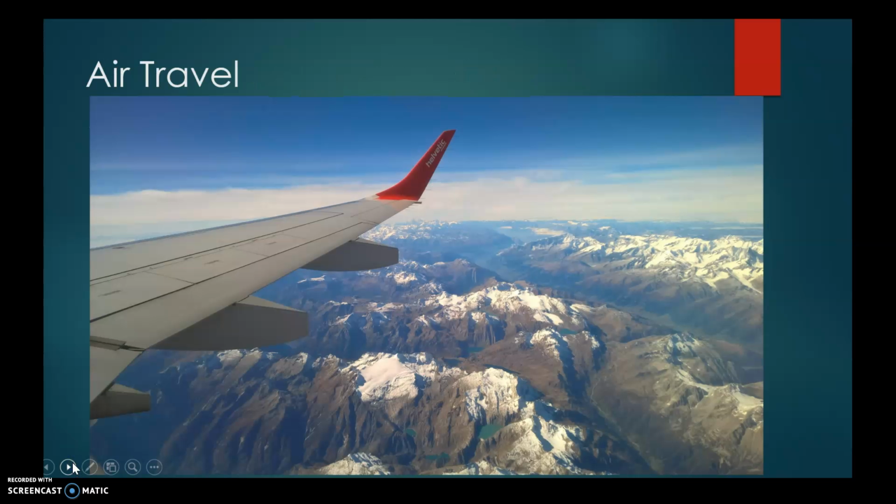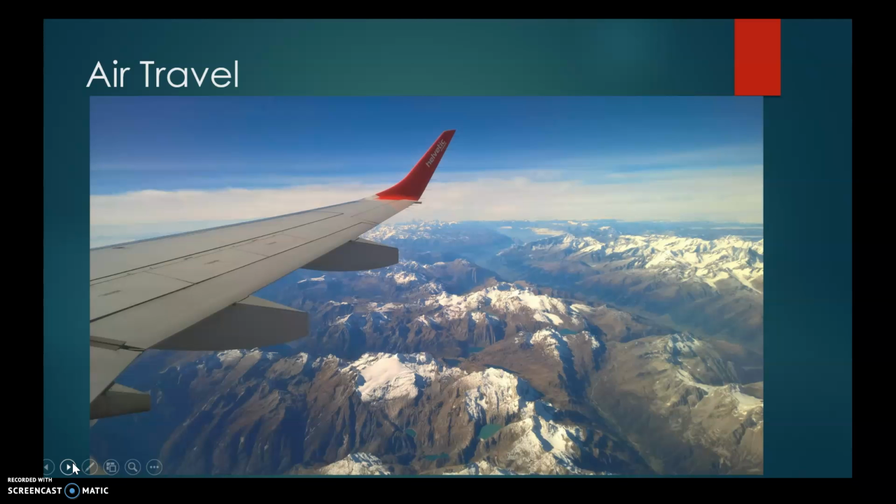Air travel actually is a large producer of greenhouse gas emissions. And air travel has doubled since 1980, so more people travel by air than by vehicle, and that is because prices have come down in terms of air travel.